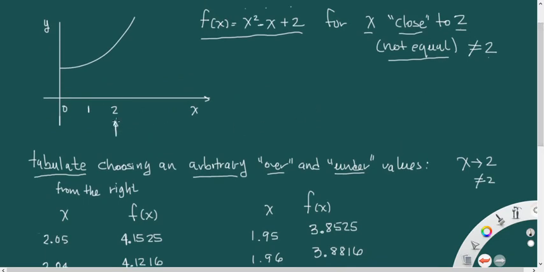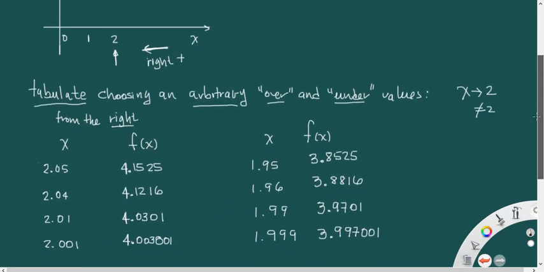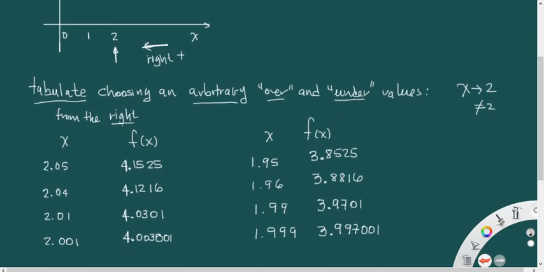We need to know what the value of the function is when x equals 2. So yes, this is the right, or the positive zone of the axis. That means from the right. And this is from the left.